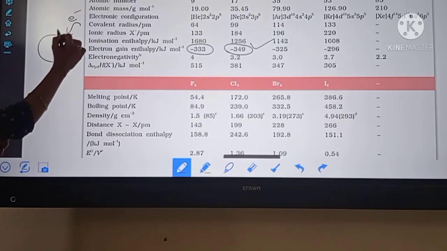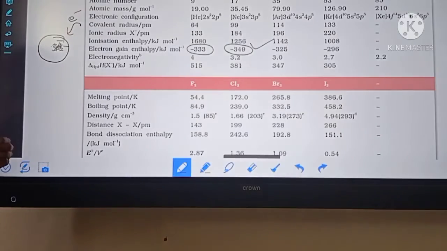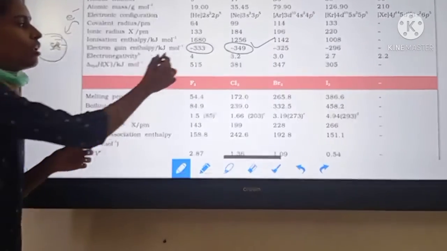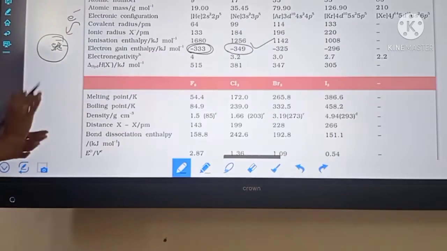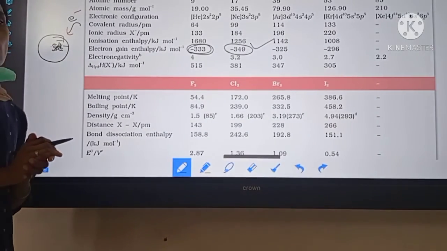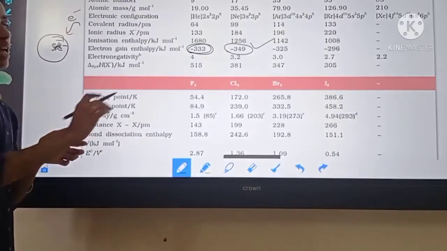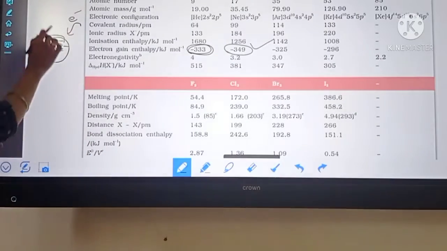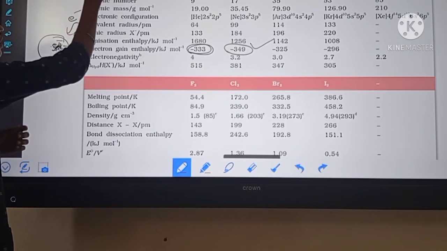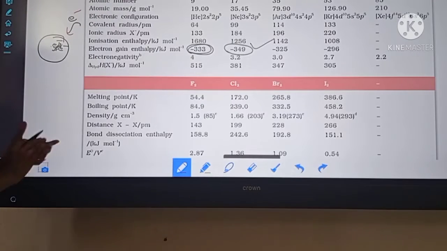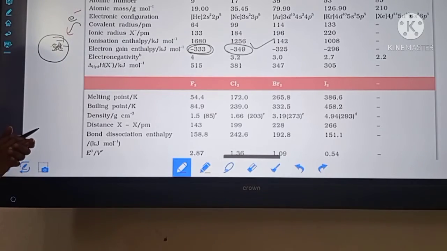Due to these repulsions we have to give some energy, which means the total energy released will be decreased. This is the reason: due to inter-electronic repulsions arising from the small size of fluorine, fluorine has less electron gain enthalpy than chlorine. So this is the order of electron gain enthalpy: chlorine greater than fluorine, then bromine and iodine. This is the important thing, the electron gain enthalpy order.